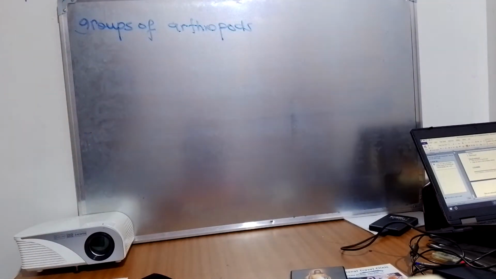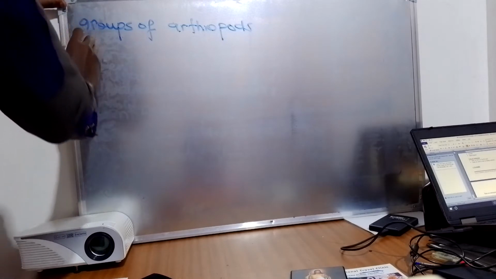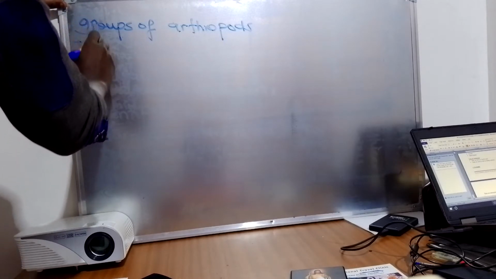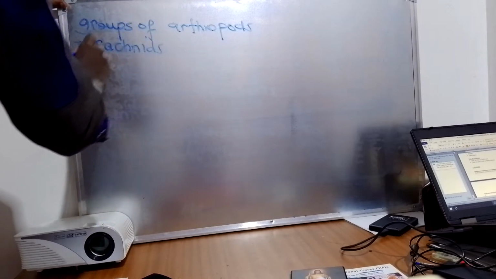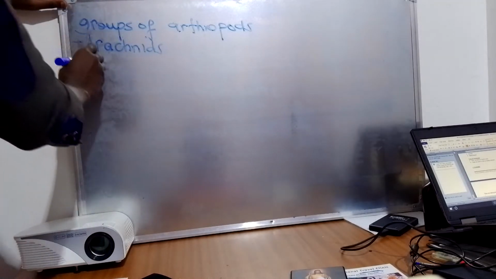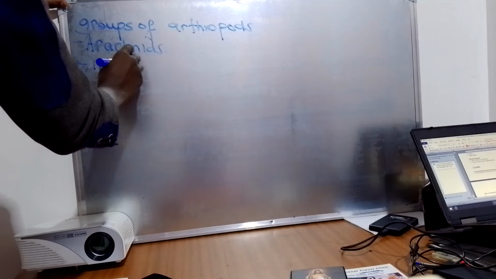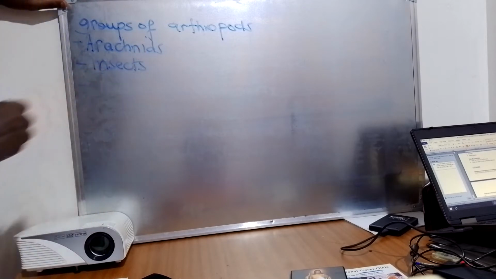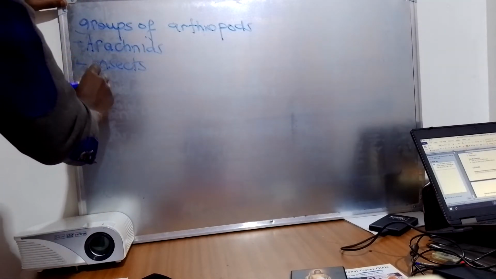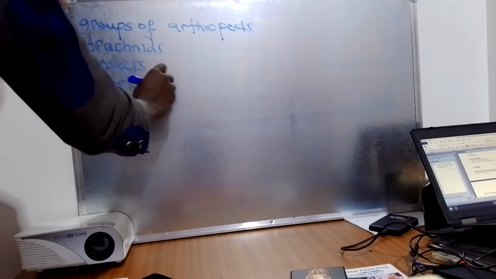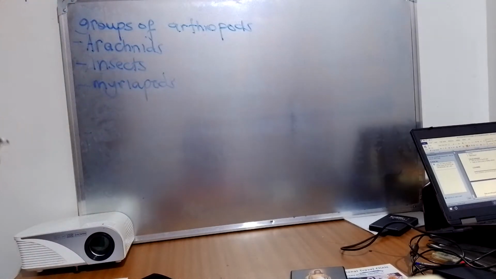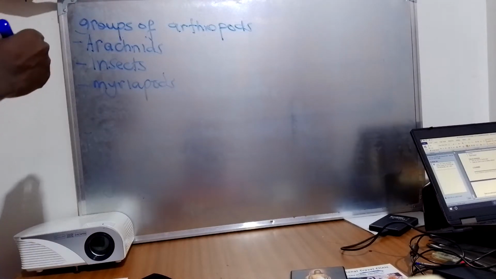The groups we have so far looked at include arachnids, insects, myriapods, and today we are looking at crustaceans.